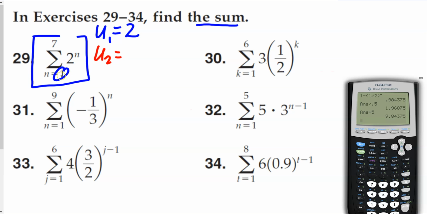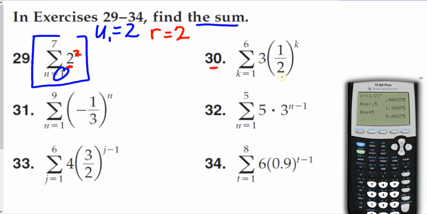The second term is if I put 2 in place of n, 2 to the second power is 4. That makes my common ratio 2. Because to go from the first term to the second term, I multiply by 2. And you should be able to notice that because it's right here.